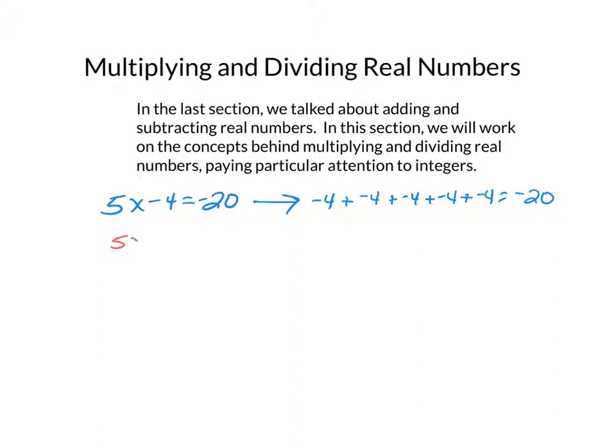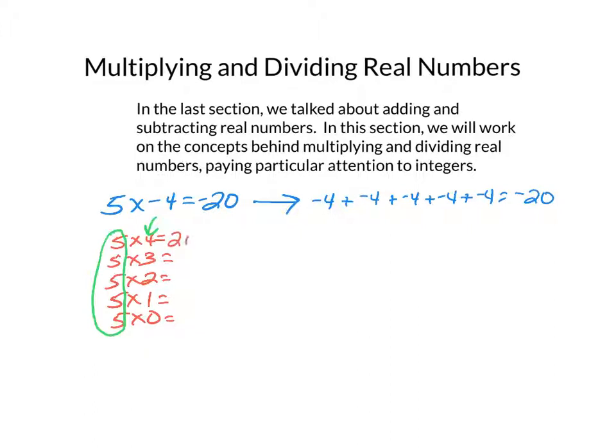So I'm going to set up a pattern here, and I have 5 times 4, 5 times 3, 5 times 2, 5 times 1, and 5 times 0. And you can tell by looking at this that in every single case, the first number is the same, and the second number in each one of those multiplication problems, I am decreasing by 1.